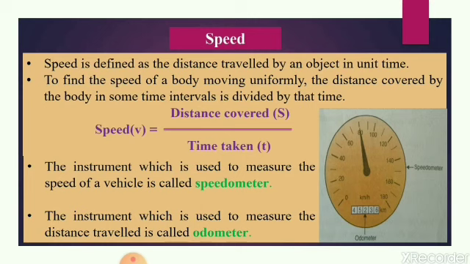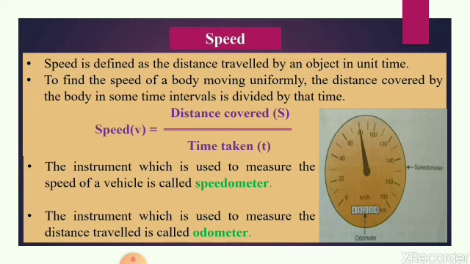To find the speed of a body moving uniformly, meaning the object is covering equal distances in equal intervals of time, the distance covered by the body in some time interval is divided by that time.